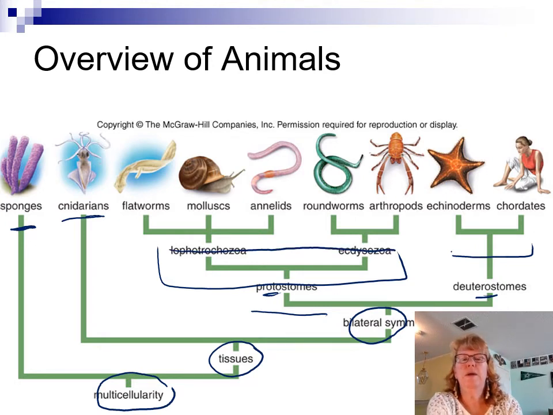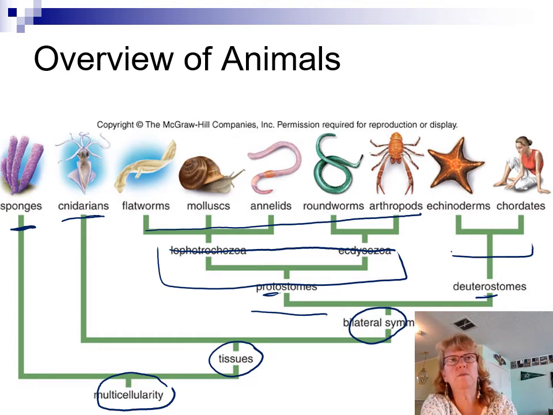Okay? And so then when we look at all of these organisms, we're going to look at, well, what's their circulatory system like? What's their digestive system like? We're going to look at those kinds of things. We're going to look at segmentation, and that's going to help us determine what group to put these organisms in. So I like this diagram. It comes from another book, but I like it.